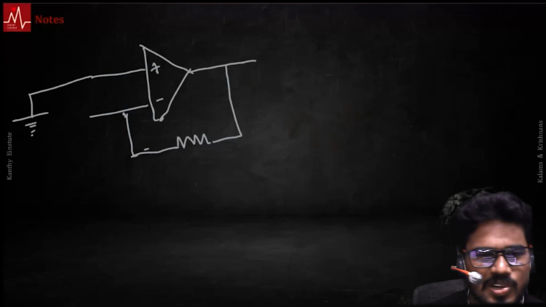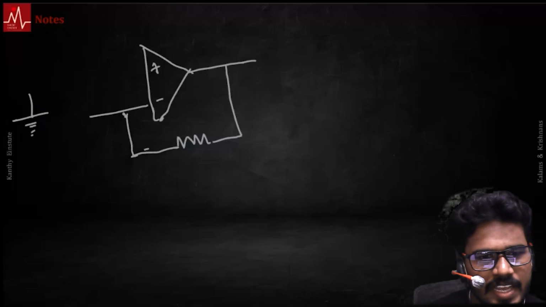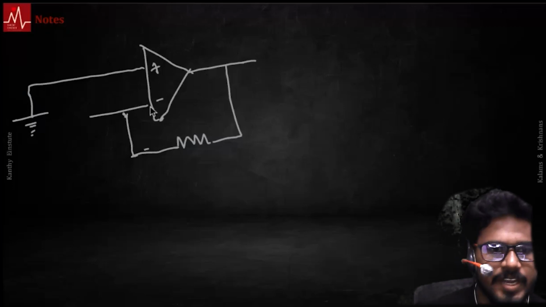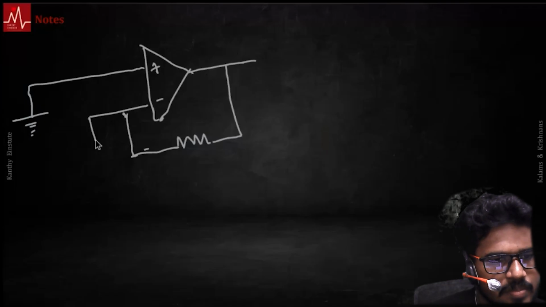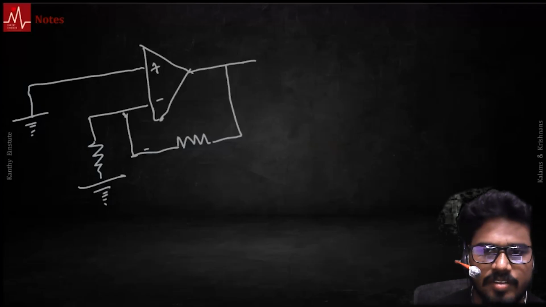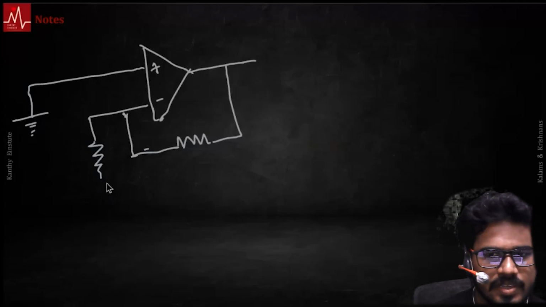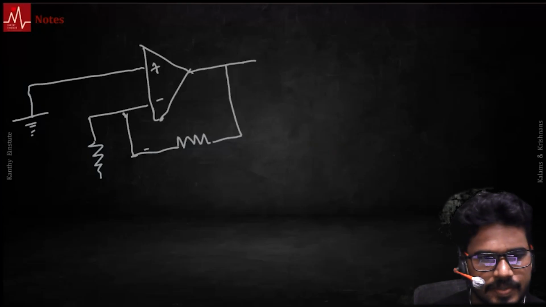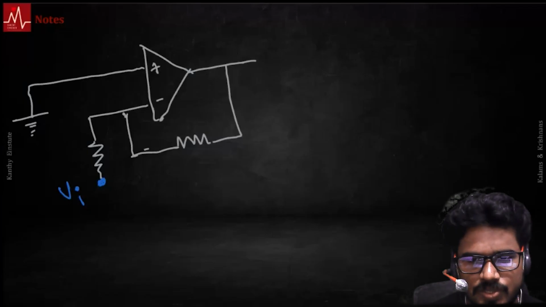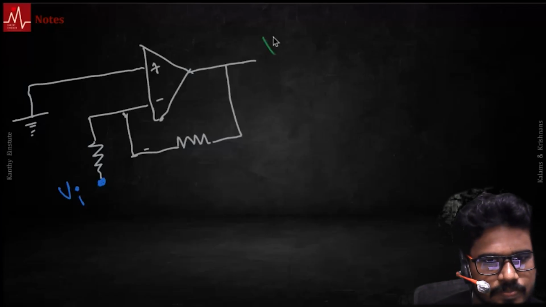So I'm looking at what is referred to as an inverting amplifier because I'm supplying the voltage to the negative terminal. And before I supply that, let's give a resistance, input resistance. Let's give an input here. The objective is to look at what the output is.